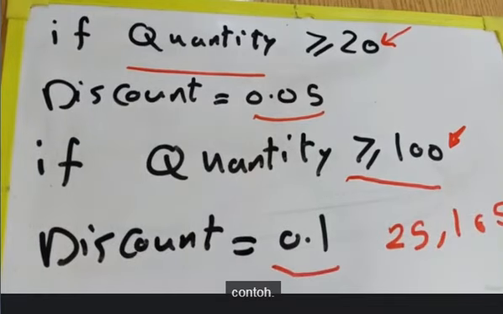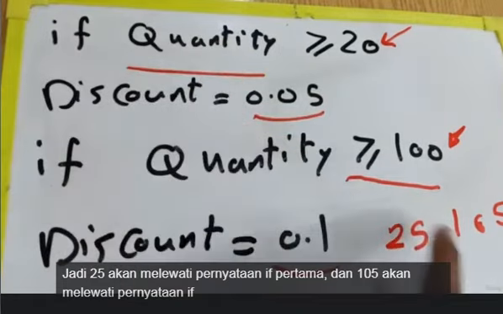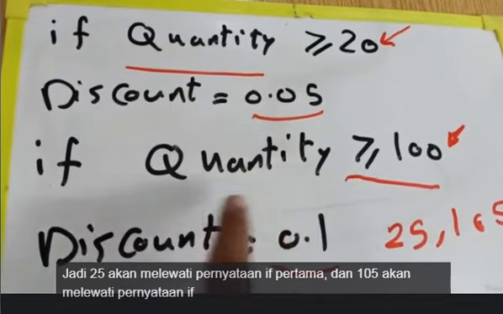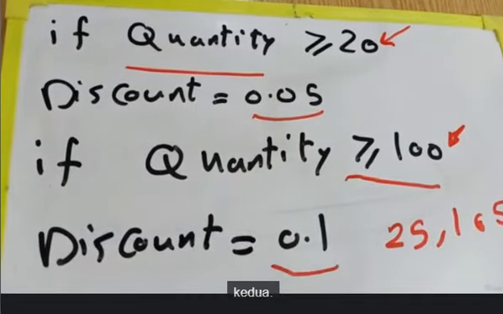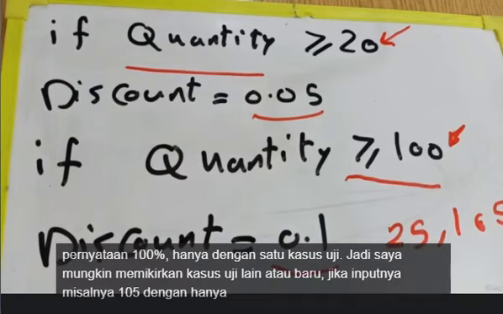This is an example. So 25 will pass through the first if statement and 105 will pass through the second if statement. But what if we think of only one test case? What if we want to achieve 100% statement coverage with only one test case?